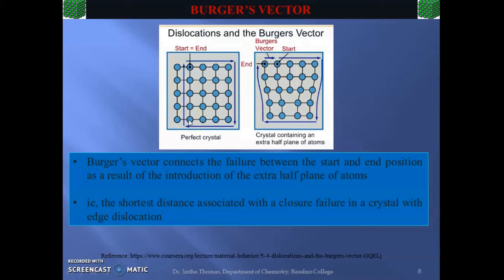And we have to complete the loop by passing 5 atom positions to the top. So we have reached the starting point in the case of this perfect crystalline packing by following the same number of atom positions. We could complete the circuit.